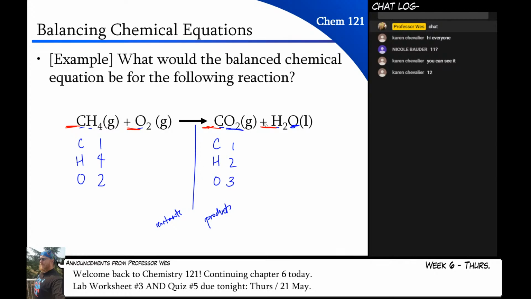And the reason I'm going to start with the water is the following. I know that I have 4 hydrogen and only 2 over here, but they come in 2s. So if I do this and put a 2 here, then my balanced equation on the right side changes the number of things that are in there. Did I change any carbon? No, it's still got 1. Did I change hydrogen?